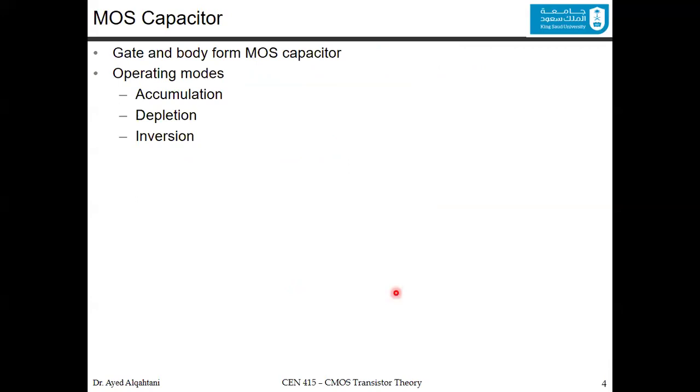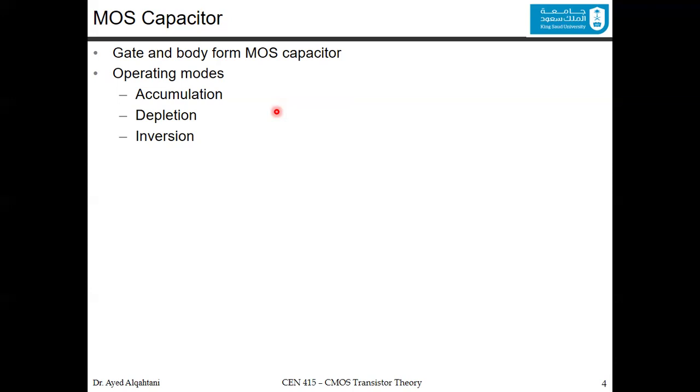Now we will talk about the MOS capacitor. Remember, to generate a capacitance, you have to have 2 conductors, or at least semiconductors, and there should be an insulated region between these 2 conductors.